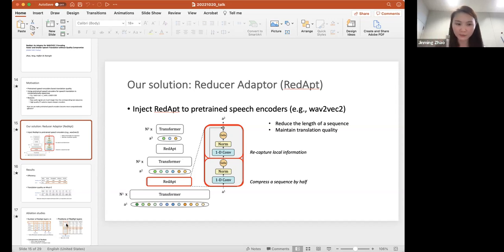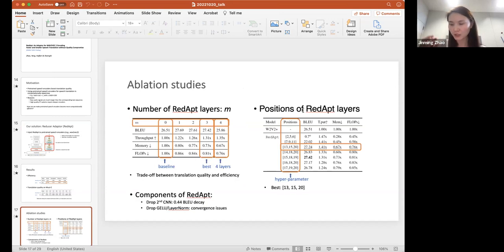So optionally, if we wanted to inject 3 RedApt layers inside those 24 layers, we can select different positions from the 24 layers. In our best setting, we select one RedApt layer after the 13th layer, one after the 15th, and one after the 20th.